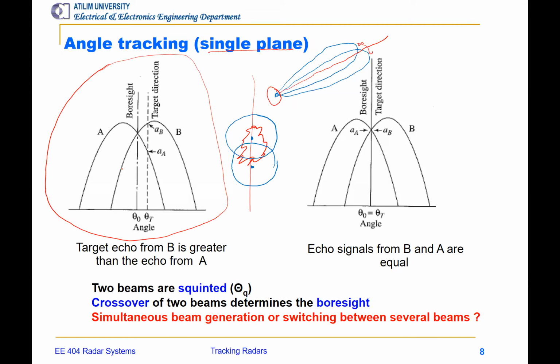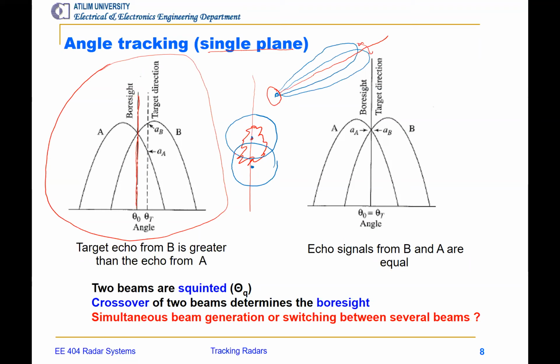They are overlapping, you see, and the bore side here is the bore side of the antenna actually. So the beam is moving or the antenna is moving, whatever you use. But there is a bore side where the two beams are squinted from each other. Okay, there is an angle between them.